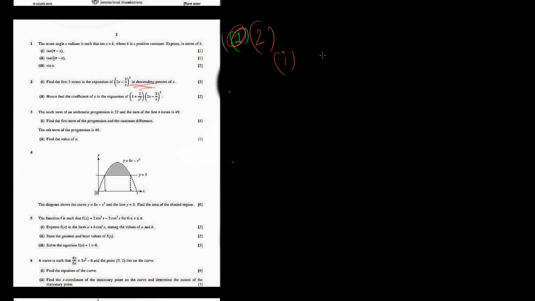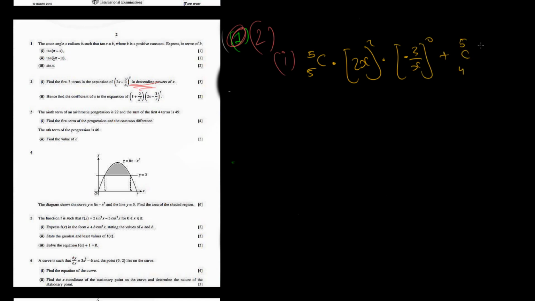So if I use my binomial expansion, I will have 5 choose 5 using my combinations, multiplied by 2x raised to 5, multiplied by minus 3x raised to 0, plus 5 choose 4.